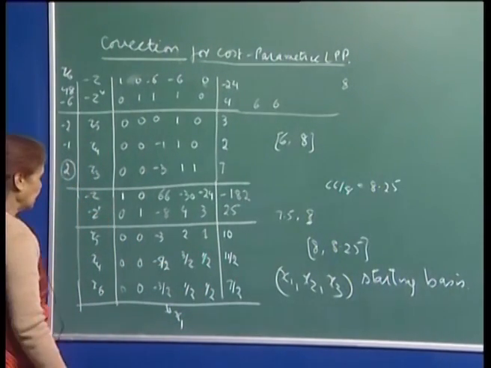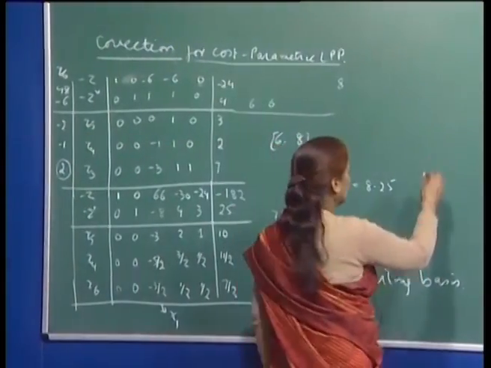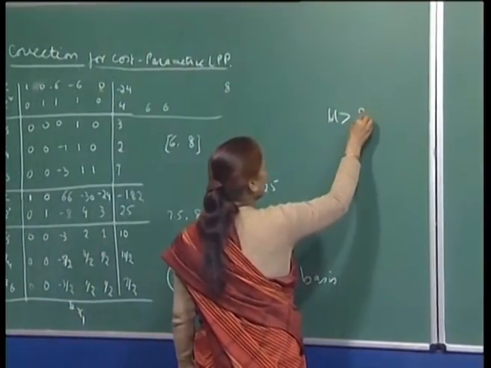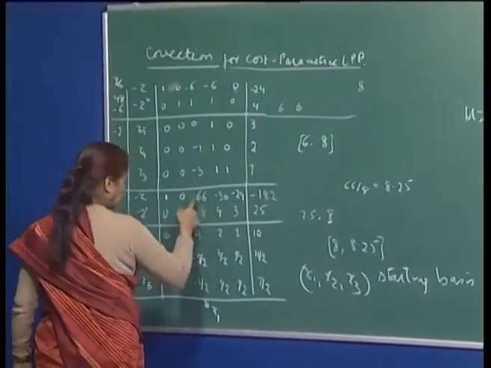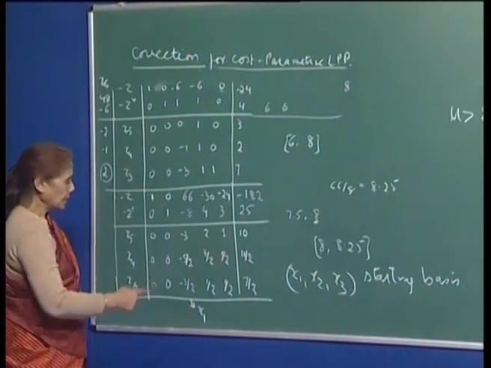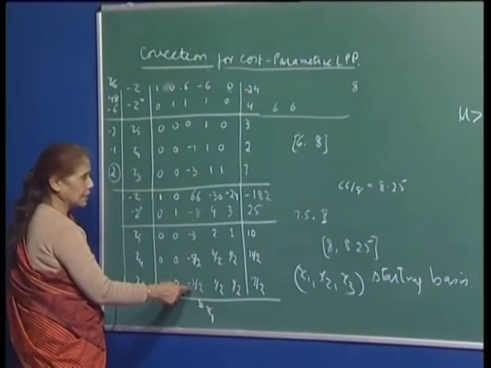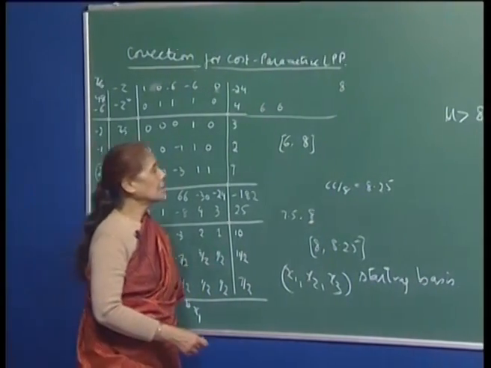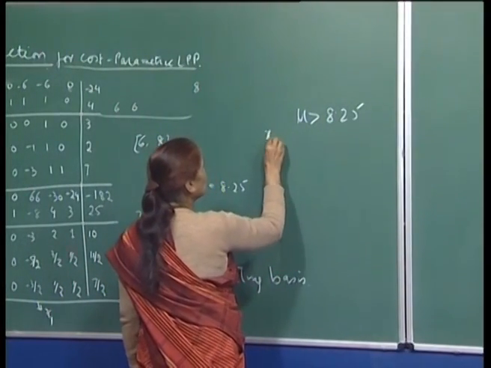From here you can see that for mu greater than 8.25, your column A1 will be a candidate for coming into the basis, but the corresponding entries here are all less than 0. So for mu greater than 8.25, x1 is to become a basic variable.